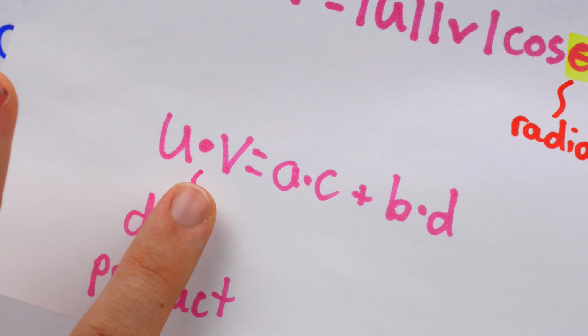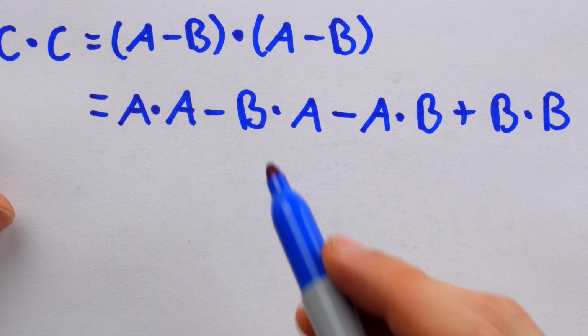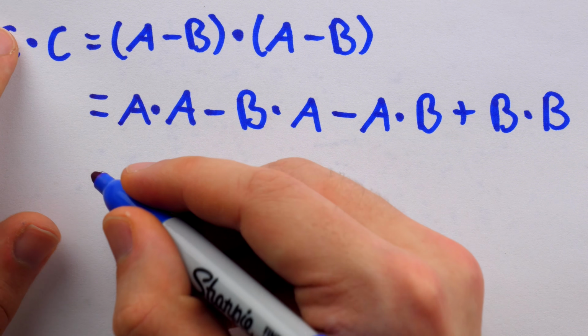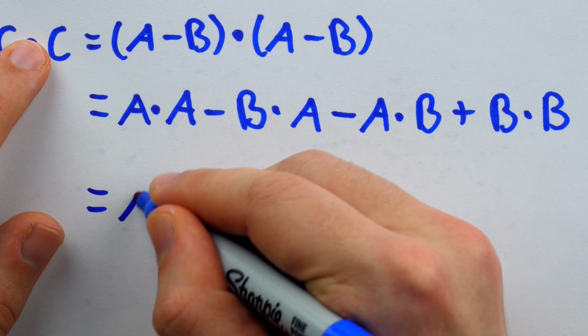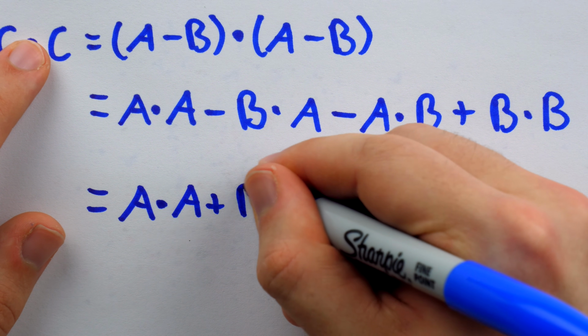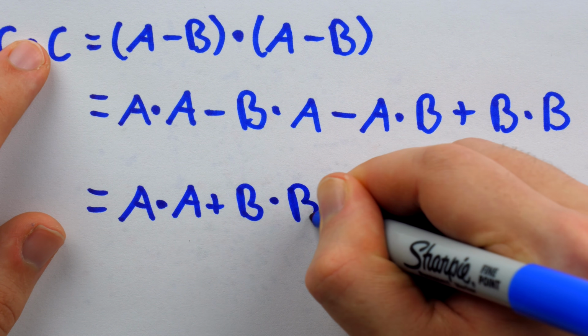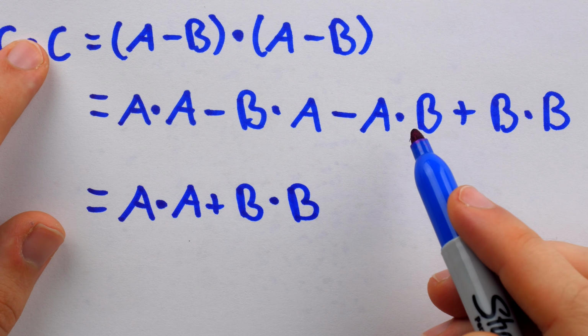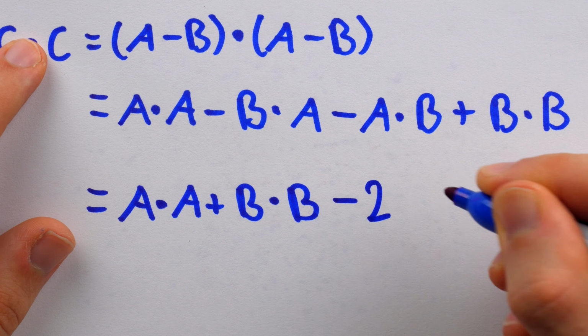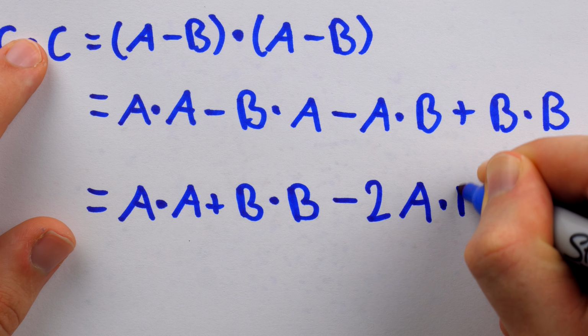So the order in which we do the dot product doesn't matter. That means b dot a and a dot b are exactly the same. Thus, we can rewrite this as a dot a plus, let's bring the b dot b over earlier in the expression, and then b dot a and a dot b are the same, so let's just call them both a dot b. Thus, this is minus 2 copies of a dot b.